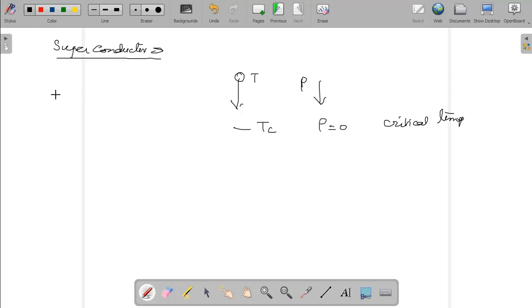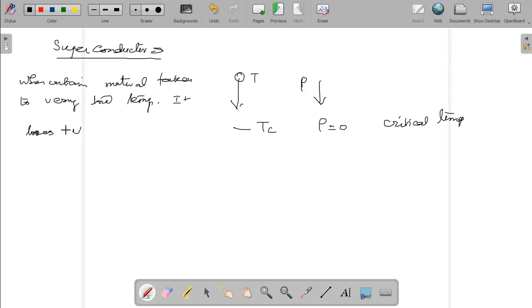Write notes on superconductor. When certain material is taken to very low temperature, it loses its resistance and becomes zero at certain temperature.